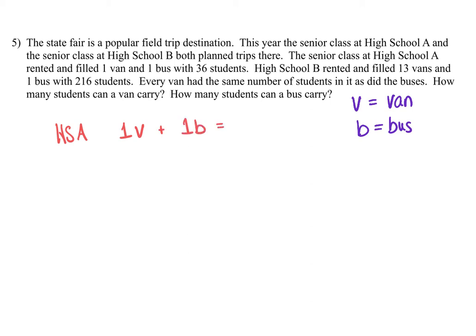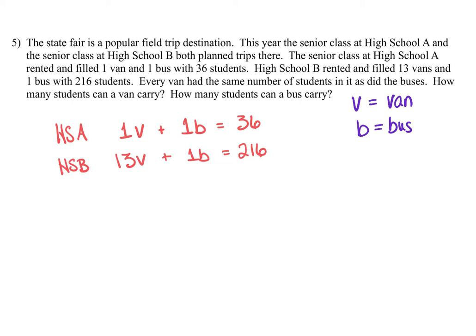And in all of those vehicles there, those two vehicles, they had 36 students. And then we have High School B. They had 13 vans. And they had one bus. But they had 216 students.